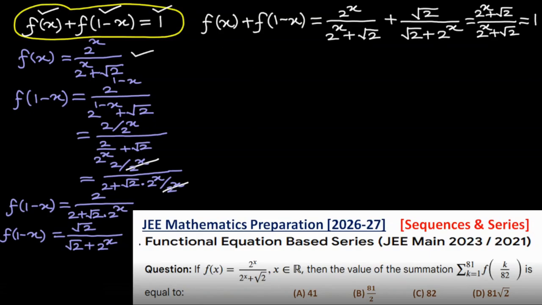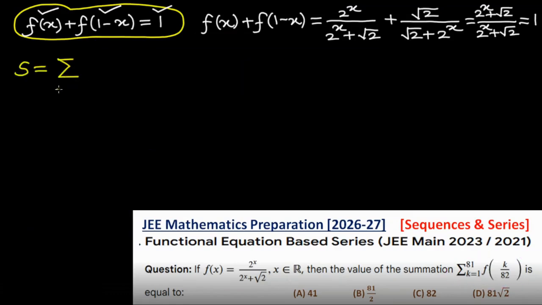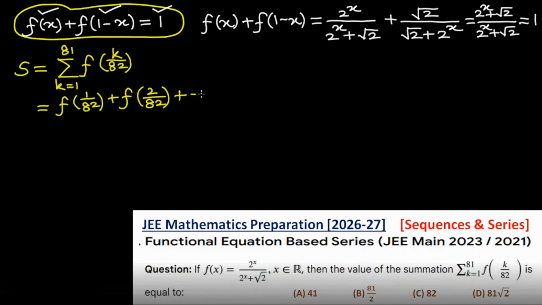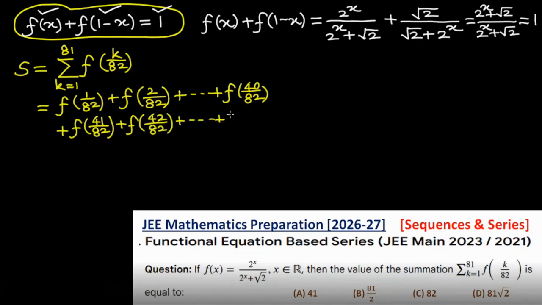Now let us see how we can apply this identity to this summation. Summation from k equals 1 to 81 of f(k by 82) is f(1 by 82) plus f(2 by 82), and so on, plus f(40 by 82) plus f(41 by 82) plus f(42 by 82), and so on, plus f(80 by 82) plus f(81 by 82).